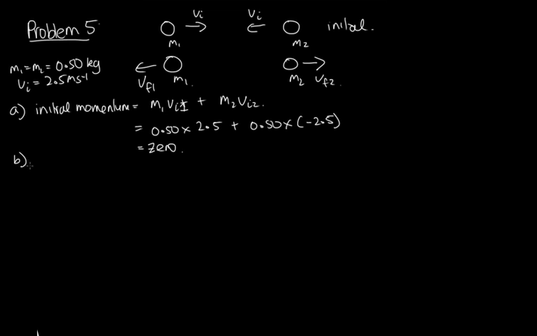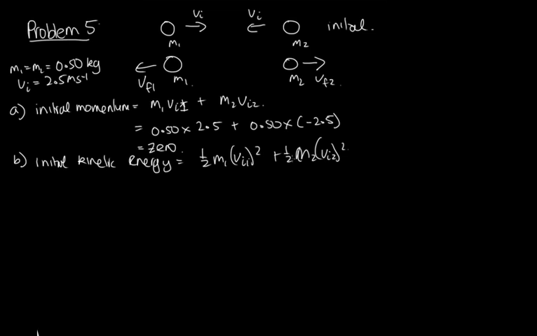Now part B says calculate the initial kinetic energy of the system. So initial kinetic energy is equal to a half m1 v initial 1 squared plus a half m2 v initial 2 squared. Now kinetic energy is not a vector, so the direction of this velocity doesn't matter.